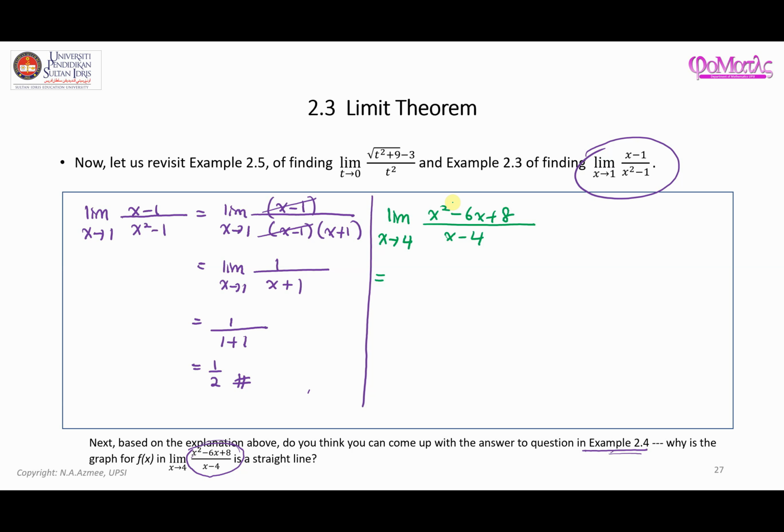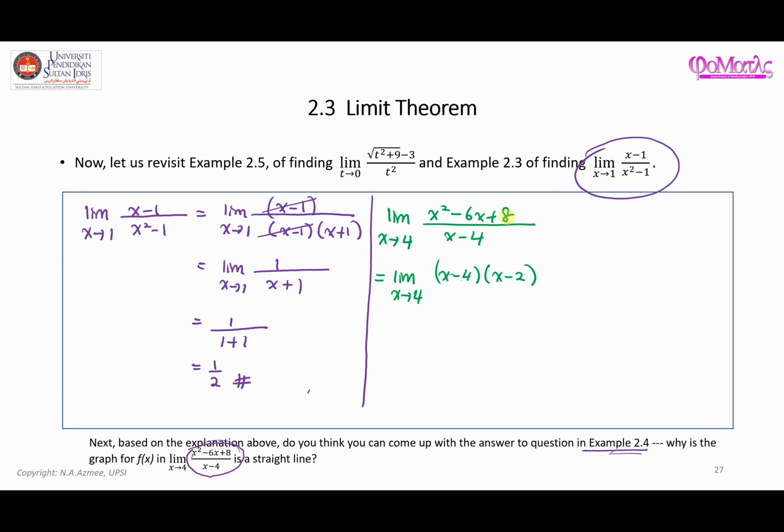So now this expression here can be factored into x minus 4 and x minus 2. Now you can try expanding these two factors, and you will see that the result is x times x is x squared, x times negative 2 is negative 2x, and negative 4x, so negative 2x plus negative 4x gives negative 6x.